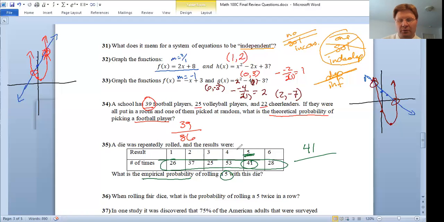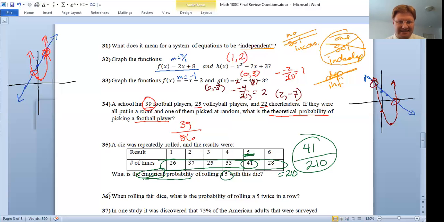Now notice we're not doing just 1/6 because we have to go off of the empirical probability, which is the experimental thing that happened. So if we add all of these numbers up, 26 plus 37 plus 25 plus 53 plus 41, on the calculator, this adds up to 210 times. So 41 out of 210. And I think that doesn't simplify.